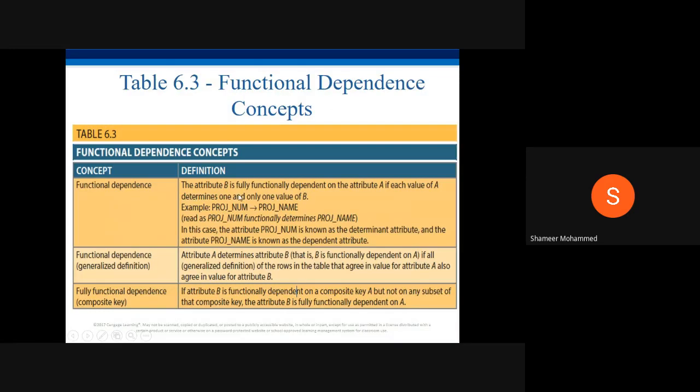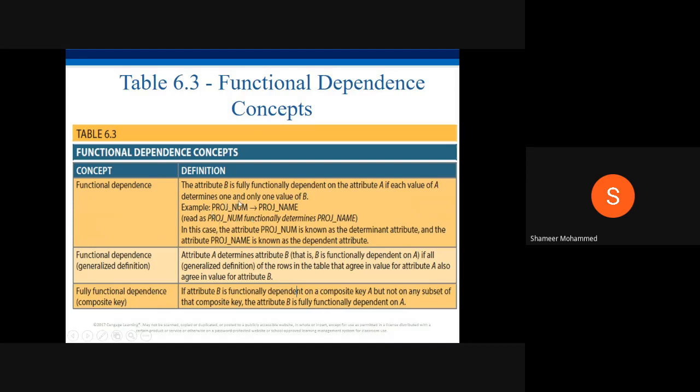Examples given here, see. Project number determines project name. That means project name is functionally dependent. Project name is depending on project number, or you can also read it as project number functionally determines project name.